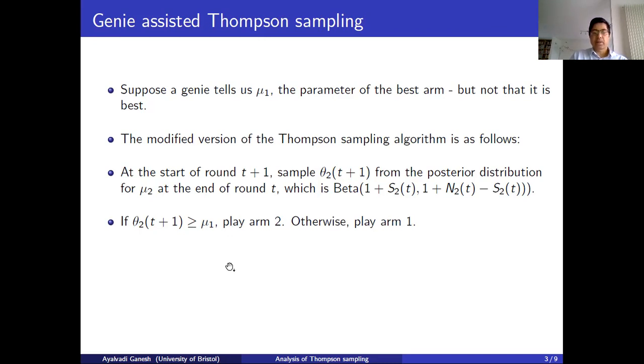Okay, so it's exactly the same as Thompson sampling, except that for arm 1, there's no uncertainty. If you like, the prior distribution was always concentrated at mu1 from the start. So the posterior distribution is always concentrated at mu1.